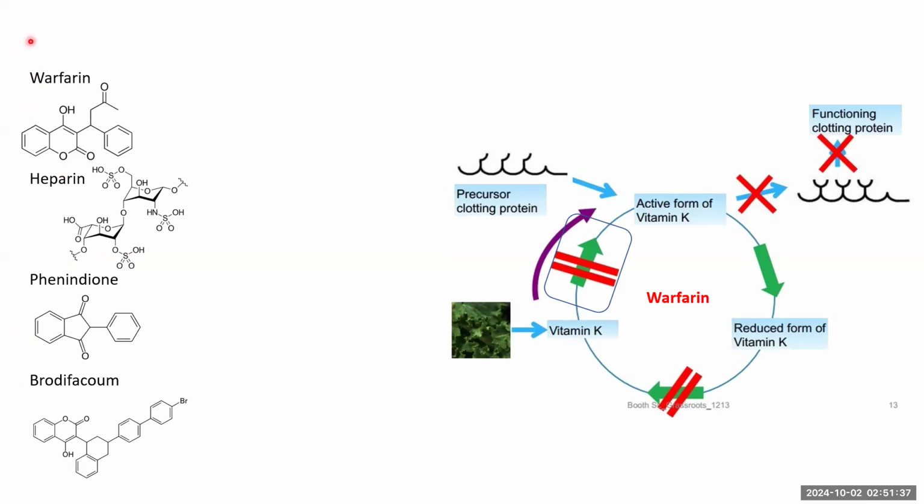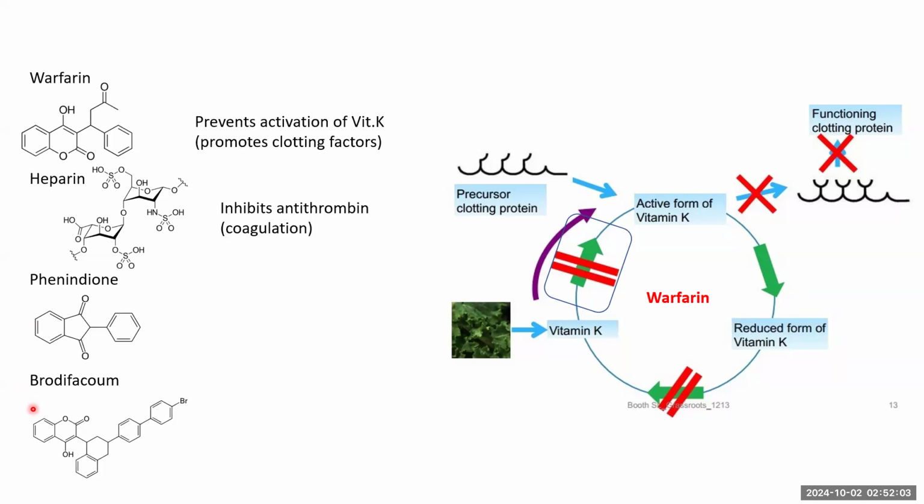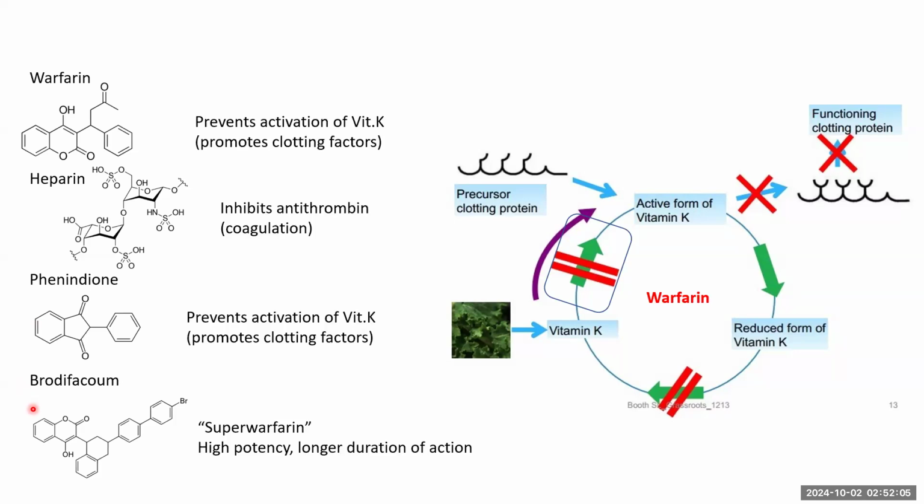We've got warfarin, which we saw as a rodenticide, heparin, which is a very common drug, prescribed all the time, used in all sorts of medical applications, phenadione, used in similar circumstances, and brodifacoum, which is another one of those rodenticide anticoagulants that I showed you way back when we talked about chemical class compounds. So I'll just throw all these up here so that we can write and talk at the same time.